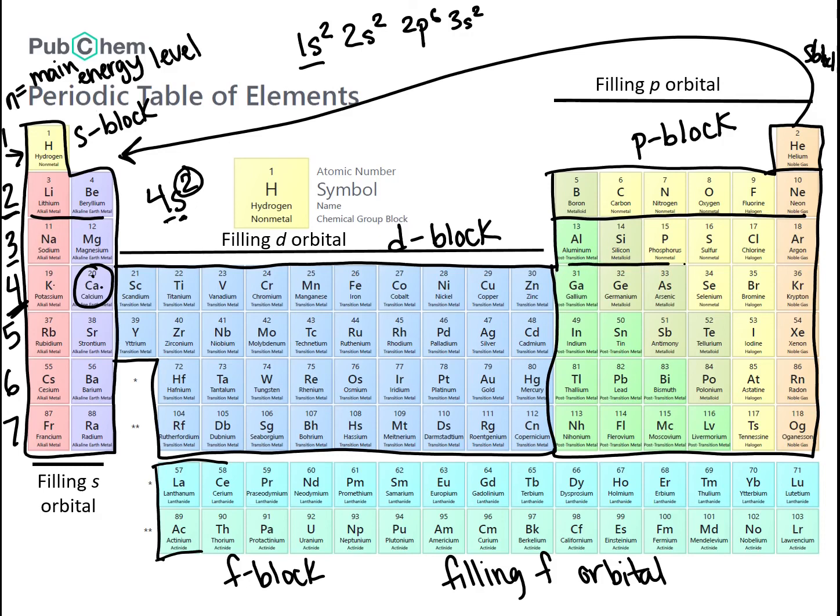Then we go further across, and we fill the 3p. That's 3p6. Now we're finally in the 4, right? And our calcium has filled the S block. So this is the configuration for calcium.